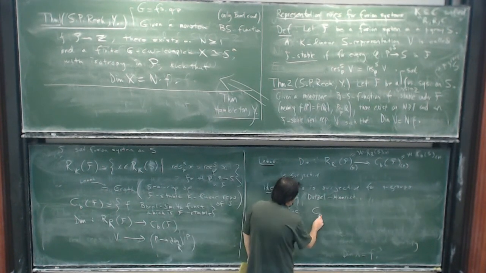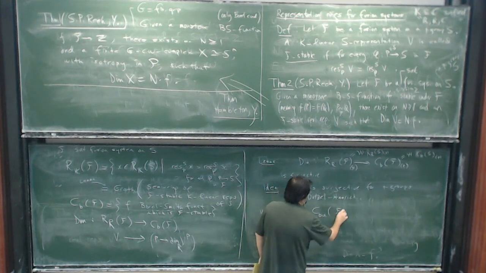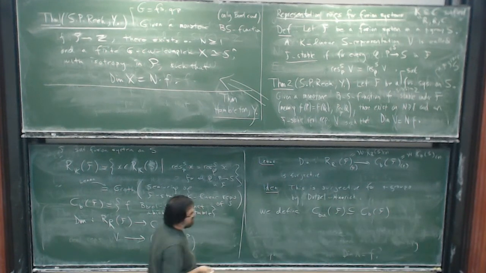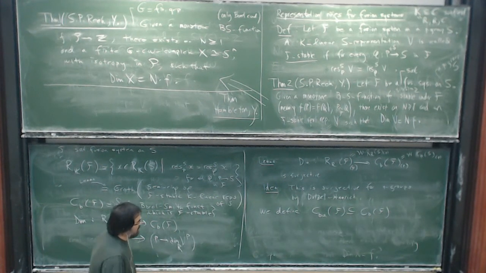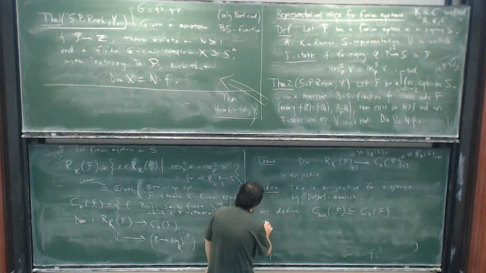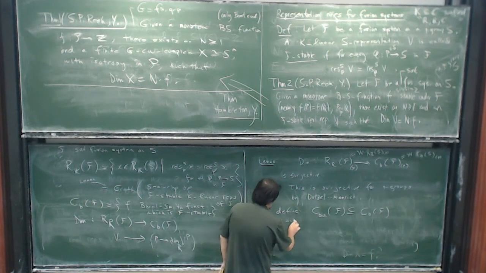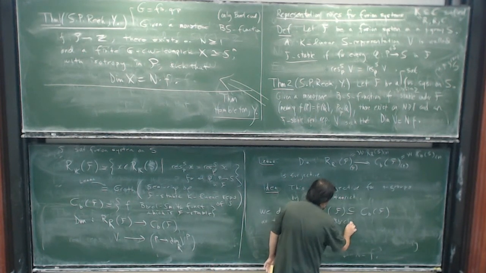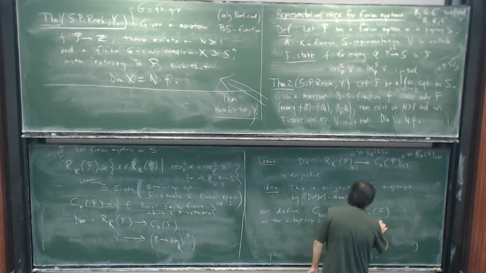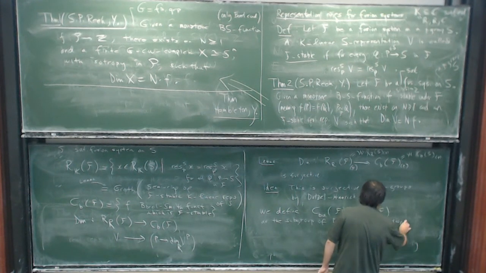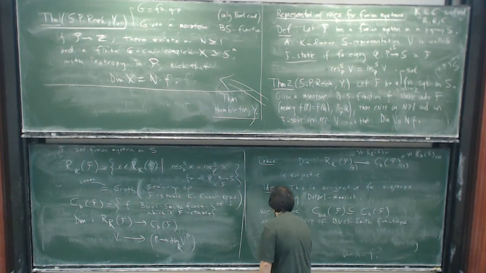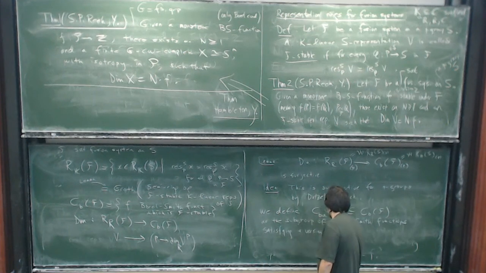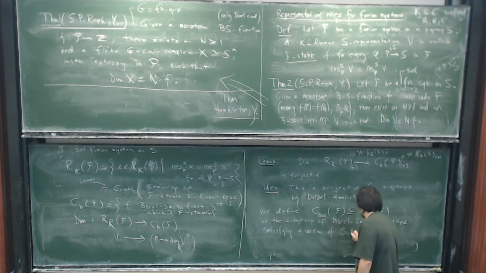So you can define a subgroup of the Borel-Smith functions as the ones satisfying a version of Bauer's condition.